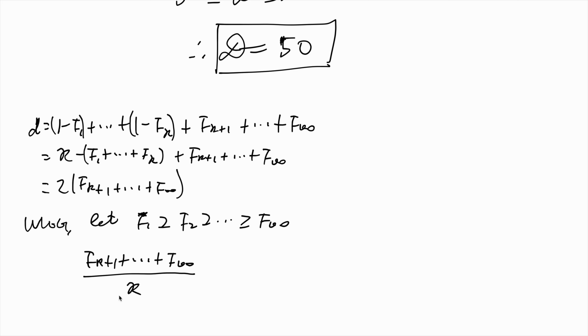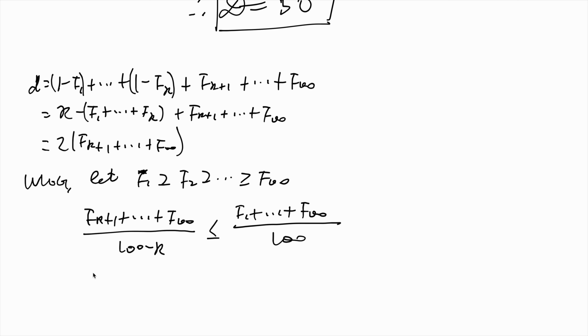Oh, wait, something's wrong. Something is off. 100 minus r. Yes, of course. This thing is obviously less than or equal to 1 plus. So we have f of r plus 1.